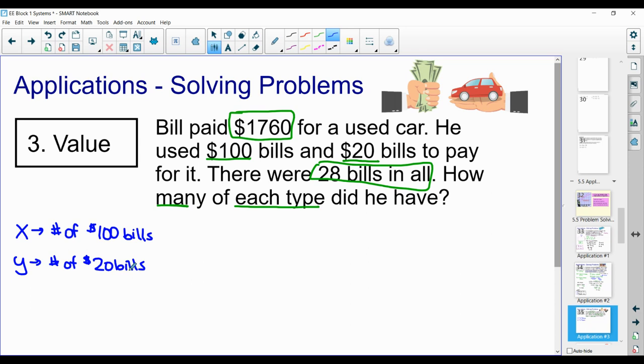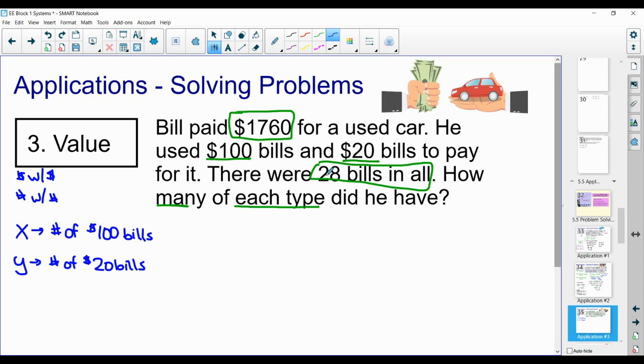Now, we have to set up our equation. If you look in this question, we have some amounts that represent dollar amounts, and we have some numbers or variables or values that represent number amounts. If you can remember, when we're dealing with questions like this, money goes with money and numbers go with numbers.